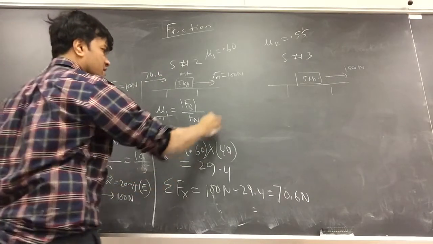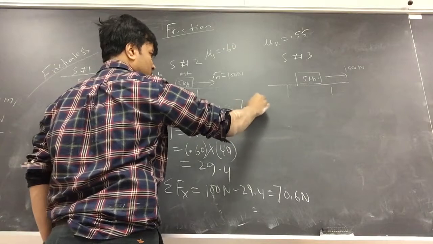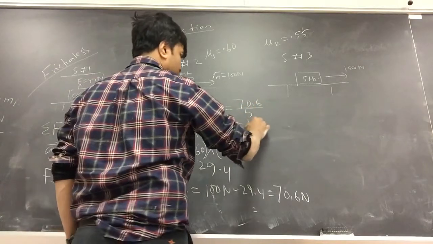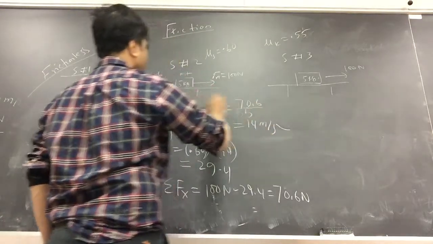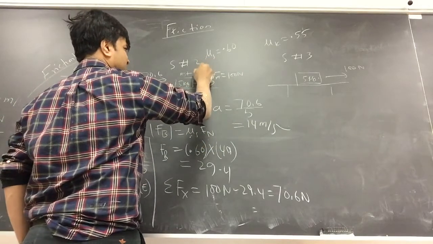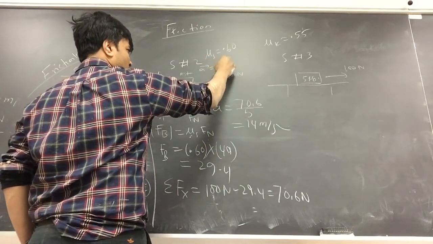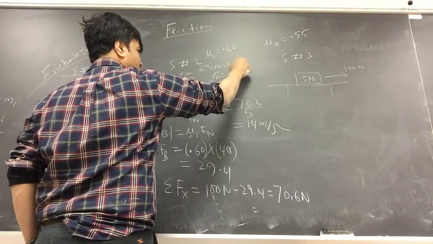Now we're going to find the acceleration. Acceleration is 70.6 divided by 5 meters per second squared, 14.1 meters per second squared to the east.